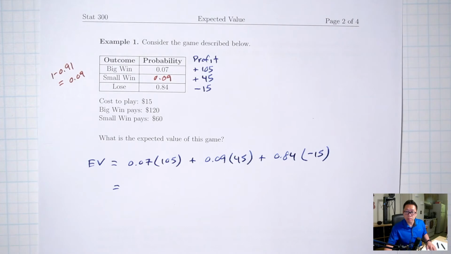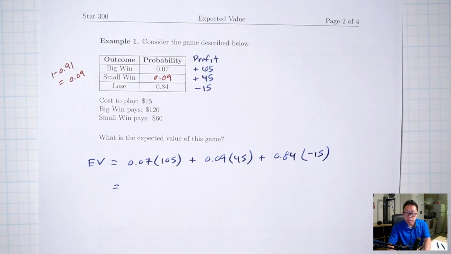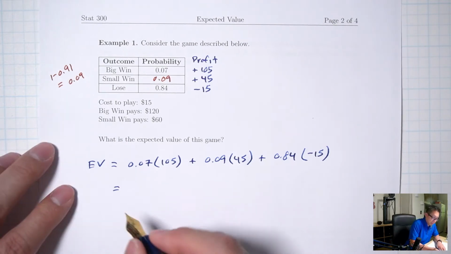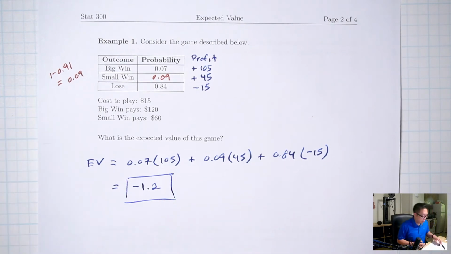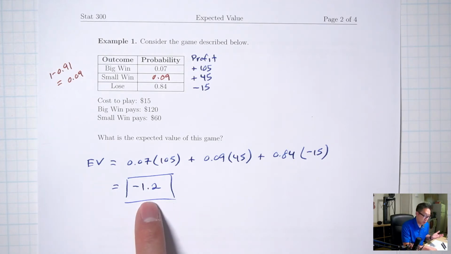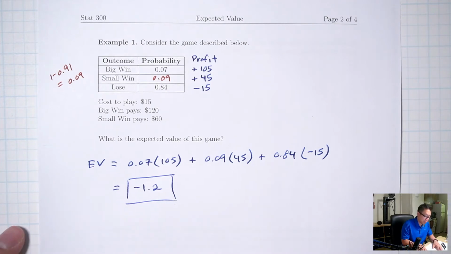All right, so on a calculator, that gives negative 1.2. Okay, if you're playing this game many thousands of times, on average, each time you're playing, you are losing $1.2, so $1.20.